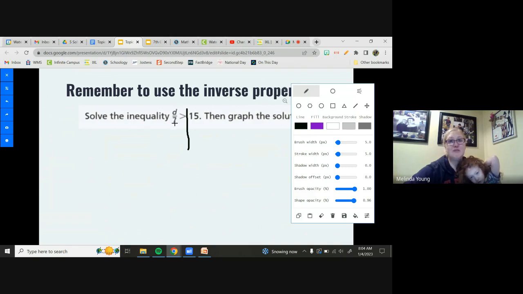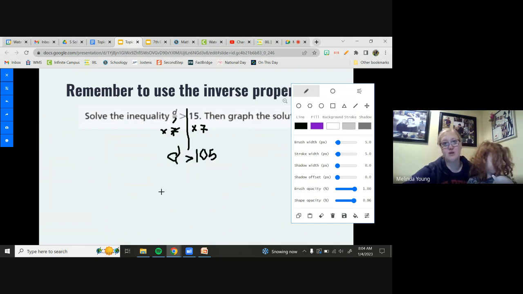Because d is being divided by 7, I'm going to multiply both sides by 7. These go away, so now I have d. 15 times 7 is 105. And because the 7 was positive, my inequality sign is going to stay the same. So d is greater than 105.